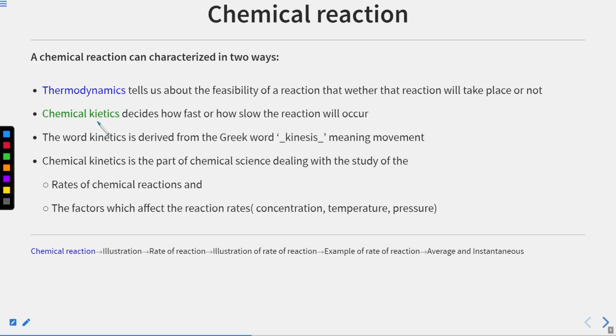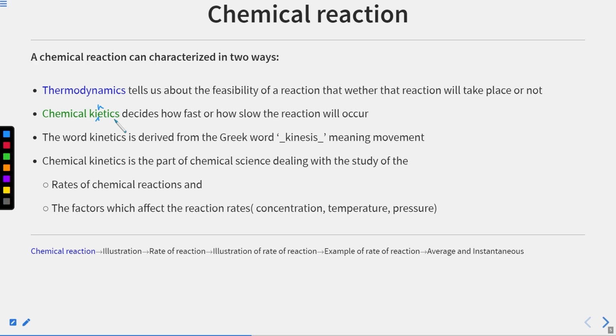Thermodynamics, checking the feasibility, that is whether the reaction will occur spontaneously or not. And the second is chemical kinetics, which decides how fast or how slow the reaction will go. In chemical kinetics, we study the rate of reaction first and the factors that affect that rate second. So this is our main introductory part.